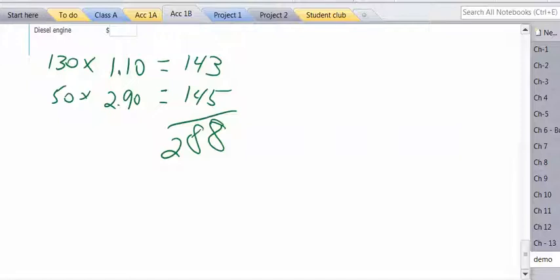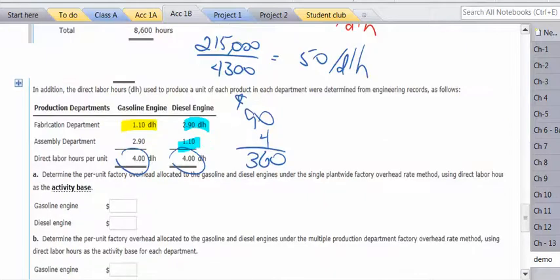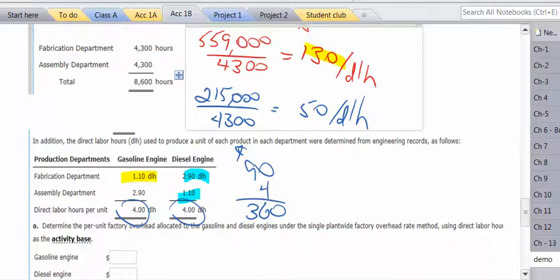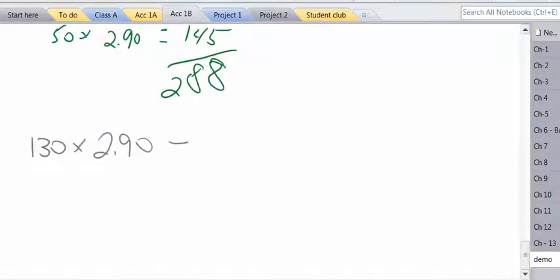So 2.9 hours in fabrication times my $130 factory overhead rate. $87. No, that's not right. Let's do that again. 130 times 2.9 is $377. Better.